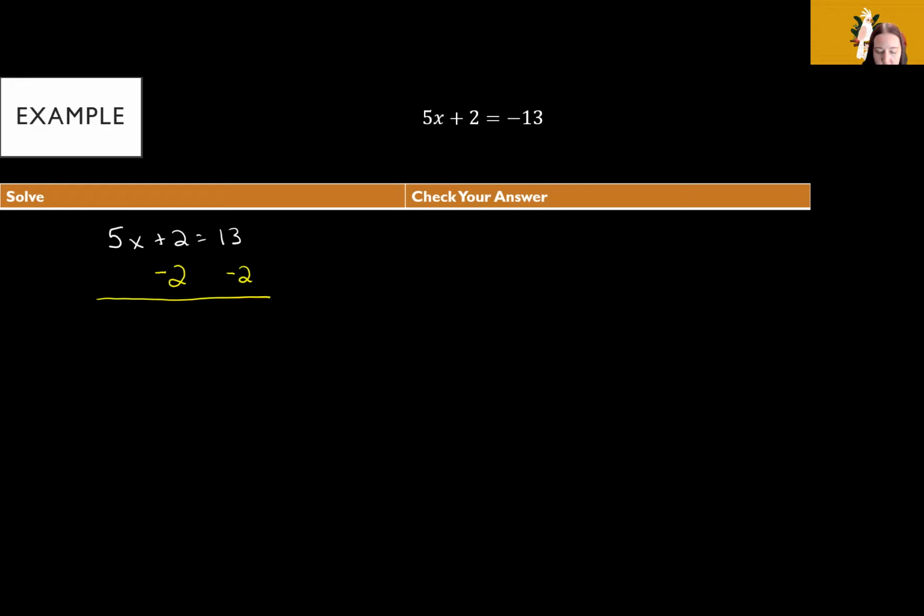Every time we solve an equation, we work vertically. We're always going from top to bottom. We never go sideways. So you want to make sure you're writing it like I am doing here. And so we get 5x. The 2 minus 2 becomes 0, so that's no longer there. I don't need to write it. And then 13 minus 2 is 11. So I end up with 5x equals, oops, I wrote my equation wrong.